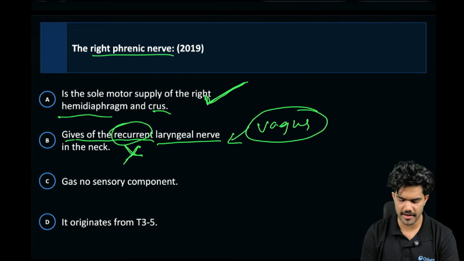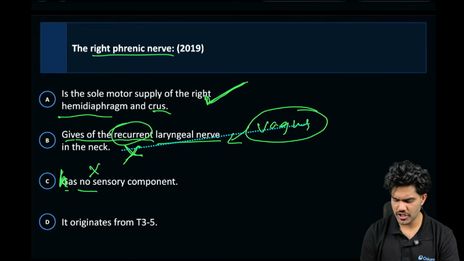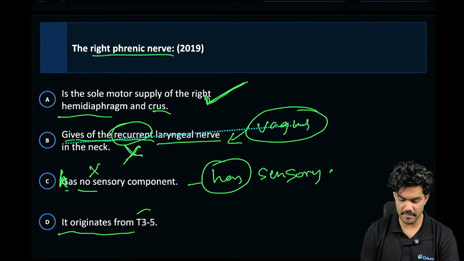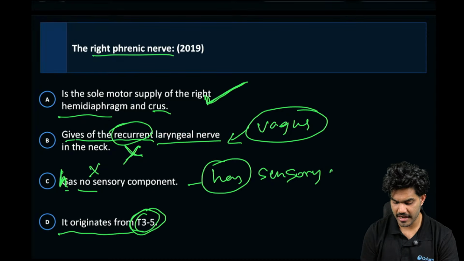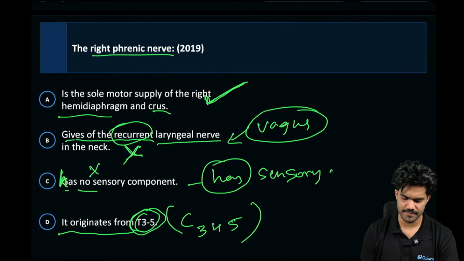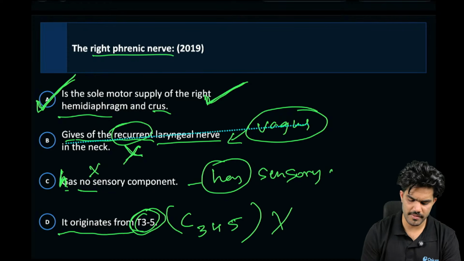Vagus. Has no sensory component. No, it has some sensory. It originates from T3. No, don't confuse here. It originates from C3, C4, C5. This is also a wrong answer. So the right answer will be A.